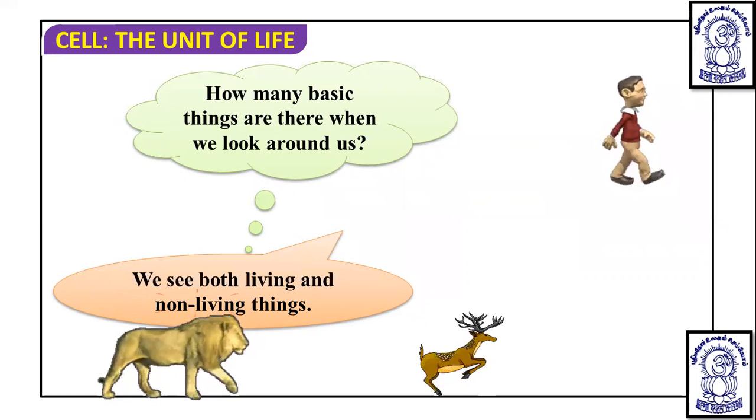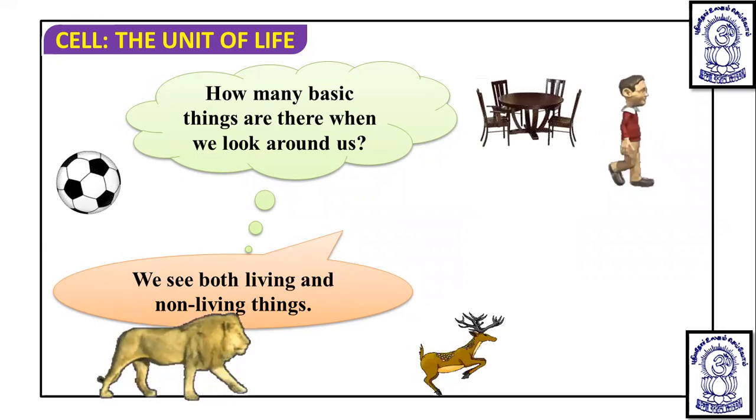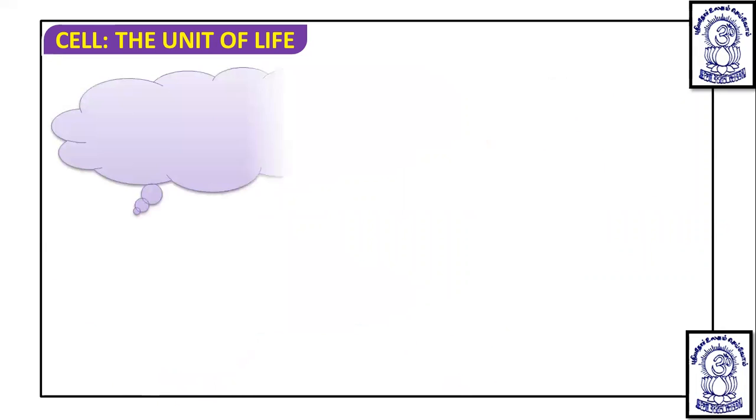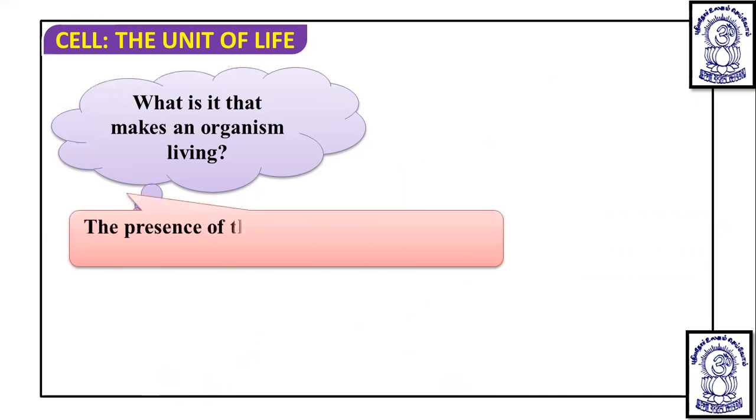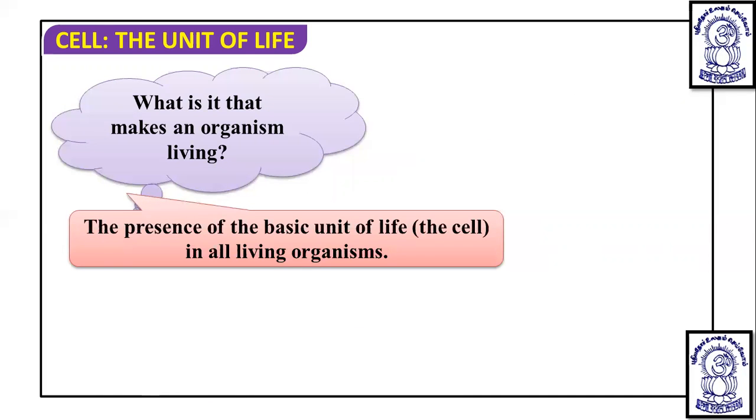If we talk about these living and non-living things in detail, we know that organisms are living. So the question is, what makes an organism living? The presence of the basic unit of life, the cell, in all living organisms makes them living, because the cell carries out all the necessary functions required for the existence of a living organism.